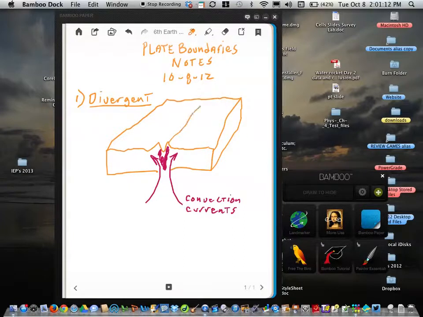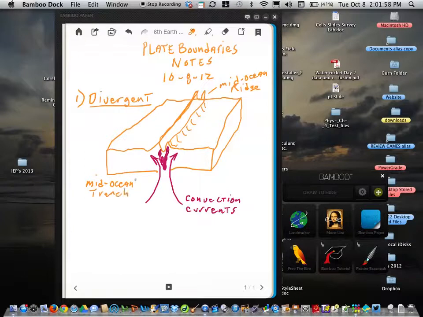And generally, these types of boundaries are found along areas where there is a mid-ocean ridge and a mid-ocean trench.